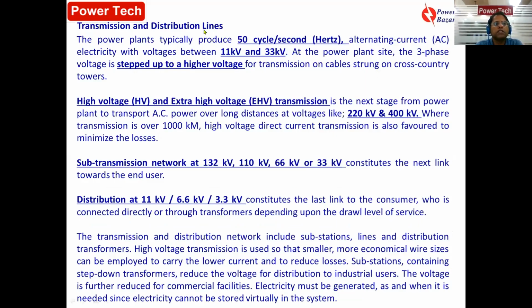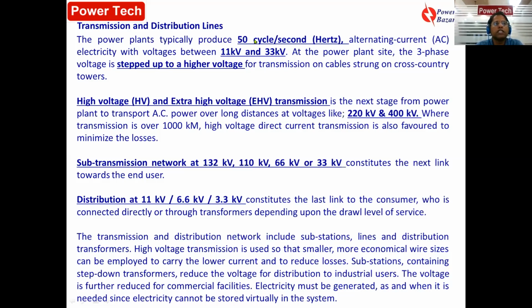Now come to transmission and distribution systems. Basically, as you know, it is a three-phase supply we get in our household or in our industries. In the Indian system, the frequency is 50 cycles per second, which is known as Hertz.